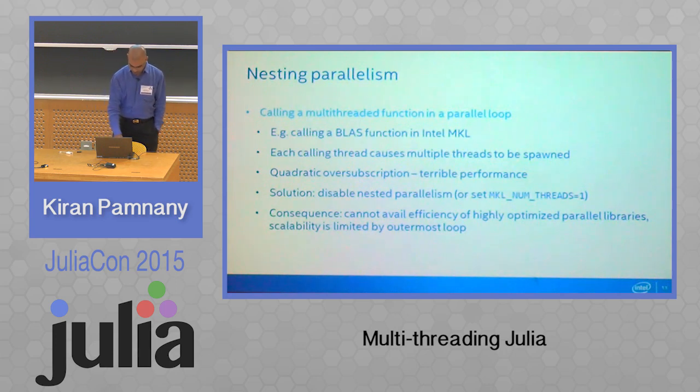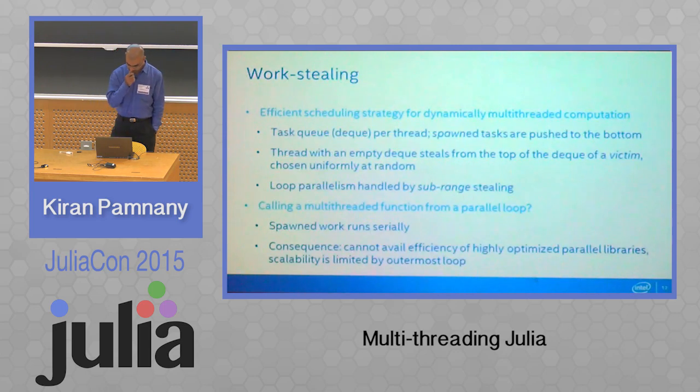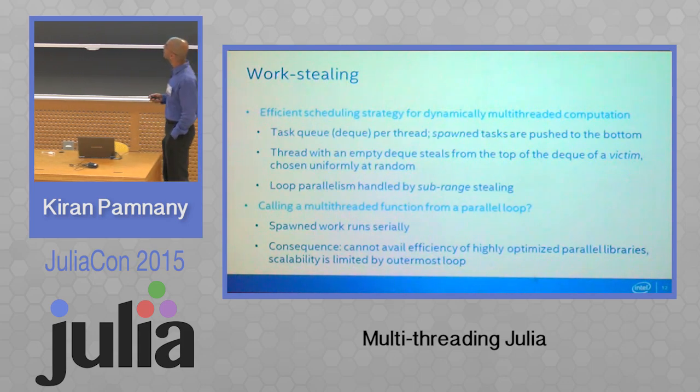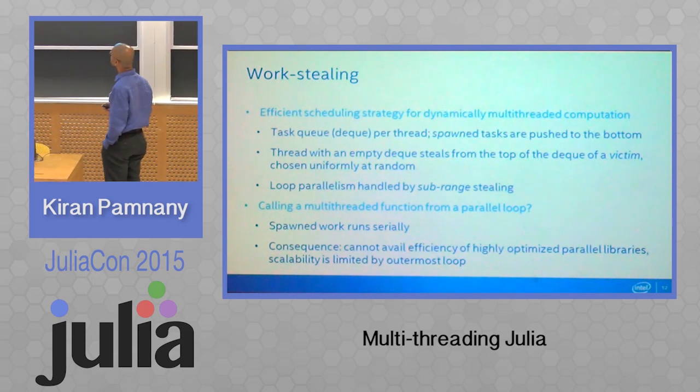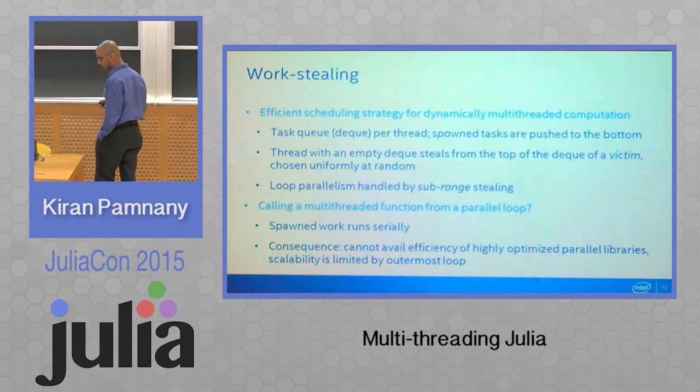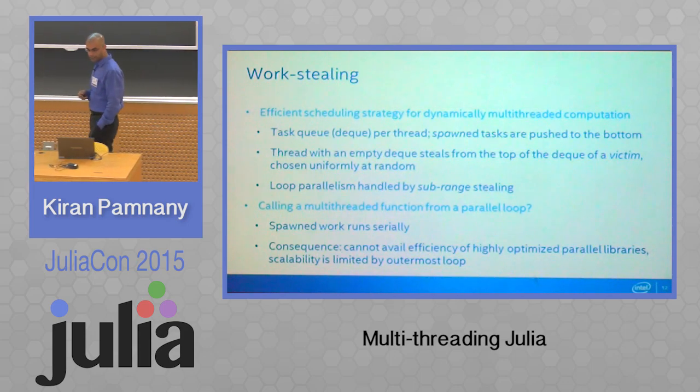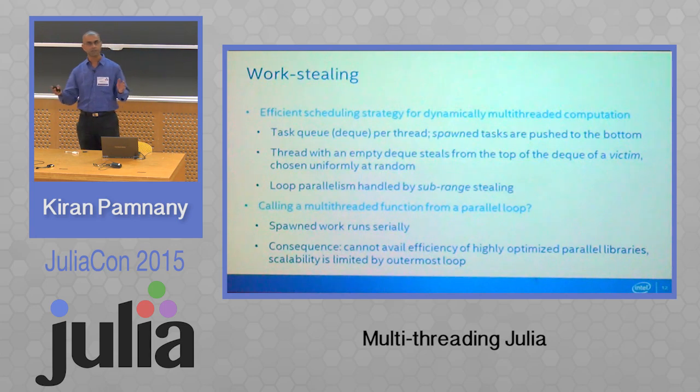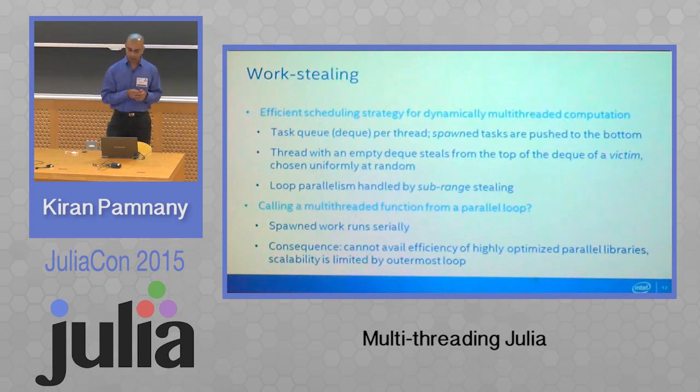So how do we solve this problem in a better way than essentially turning off parallelism in libraries? Work stealing is believed to be a significantly more composable way. I'm not sure everybody knows what work stealing is, so here's a very high-level review. The idea is that you don't have all your threads sitting and listening for a broadcast from thread 1, but each thread has a little deque.